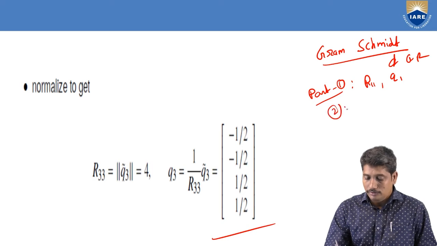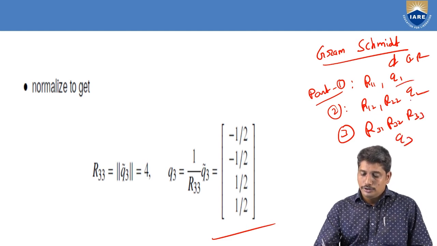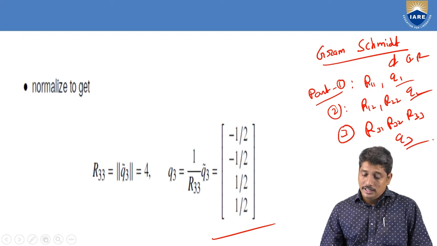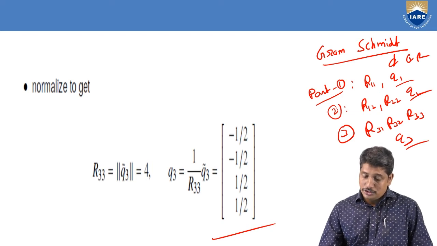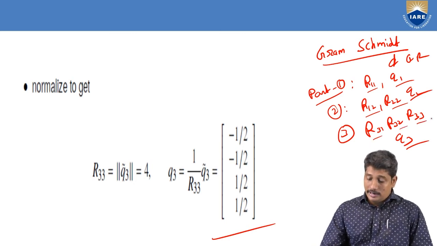In part 2 we'll calculate R12, R22, Q2. In part 3 we calculate R13, R23, R33 along with Q3. So we have Q1, Q2, Q3, and hence we can write the matrix Q, and we have R11, R12, R22, R13, R23, R33, and hence we can write the upper triangle matrix R.